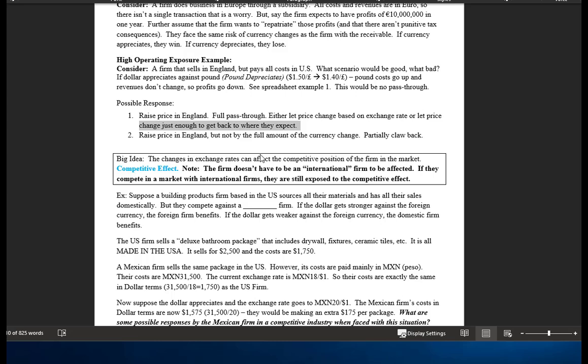In terms of pounds, we're going to be paying more pounds for those inputs, but our sales revenues aren't going to change. We're going to keep our price the same, and so what's necessarily going to happen is profits will go down. And so we're going to look at the example here and assume a scenario where there's no pass-through whatsoever, and that means we're not changing the price of our goods in England.